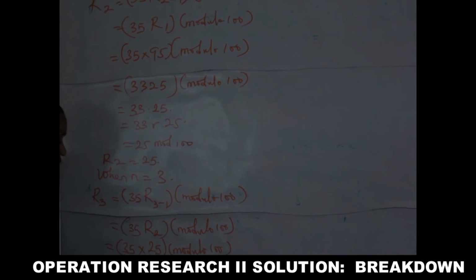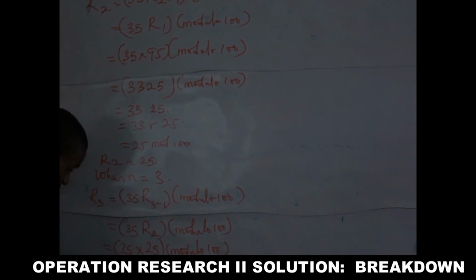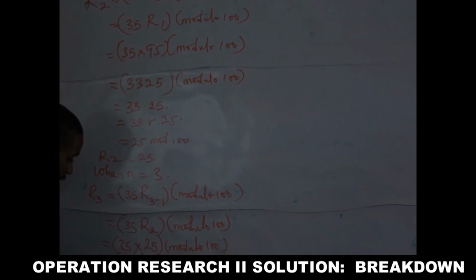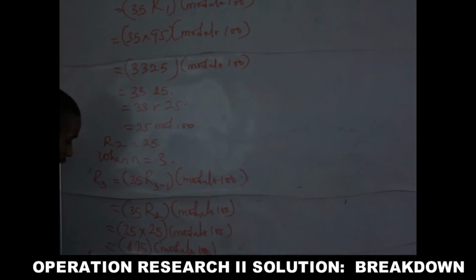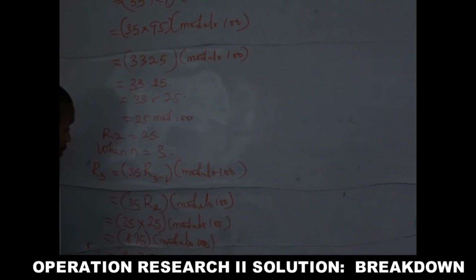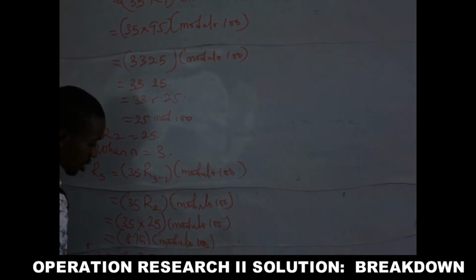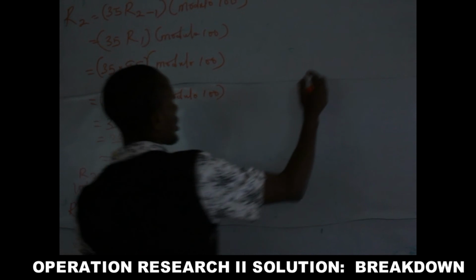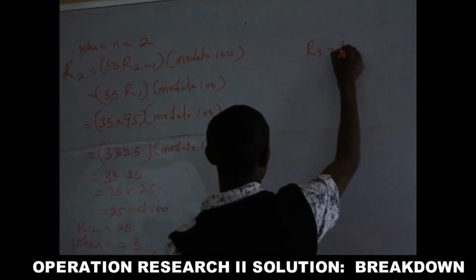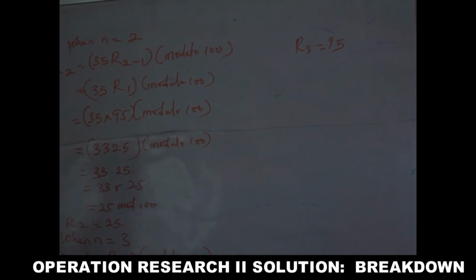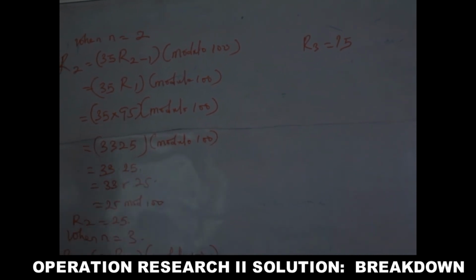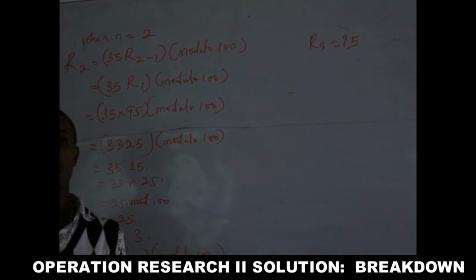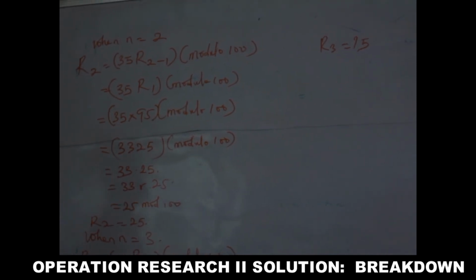You divide 875 by 100, which will give us 8.75, so the remainder is 75 mod 100. So our R3 is equal to 75. Now all we have to do is continue until we reach R10, and you can practice it. Just follow the same format and move on like that.